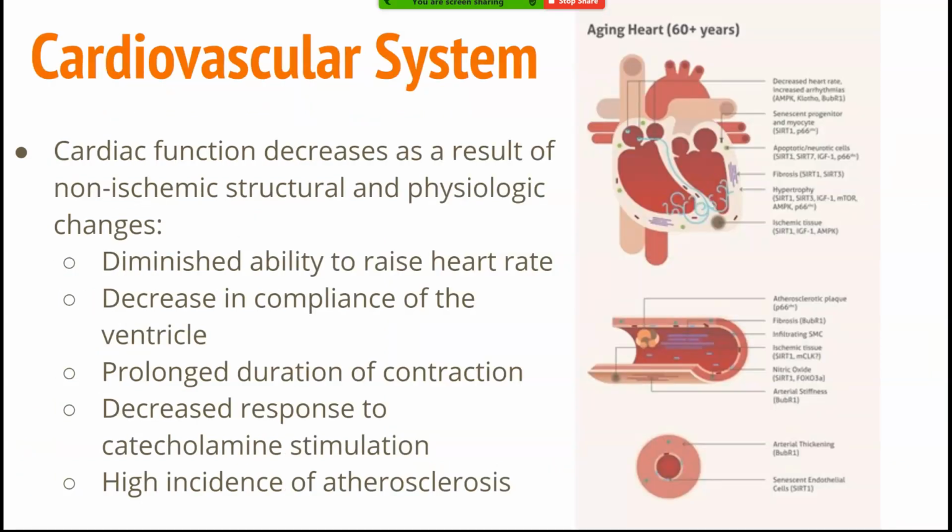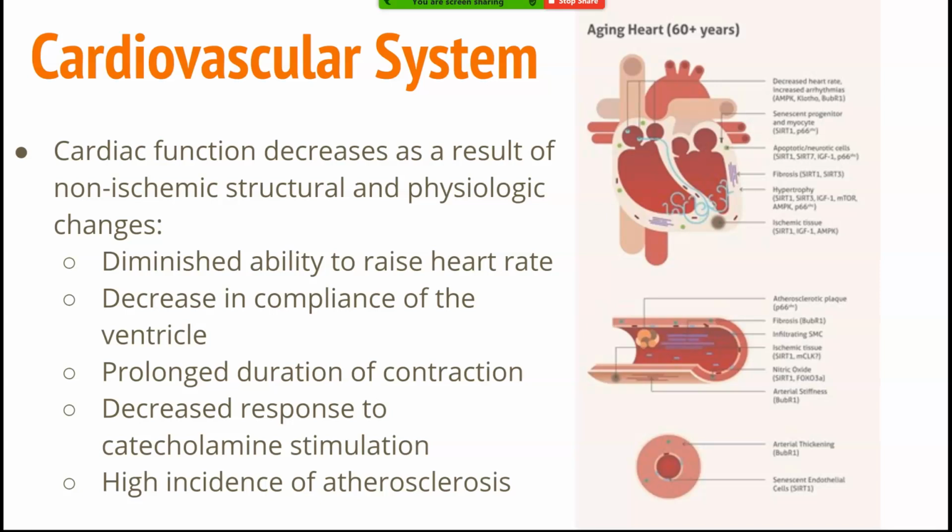The heart also starts to become less effective, right? The muscles start to get weaker. You lose the ability to compensate as effectively as when you were younger. There is an increased rate and risk of ischemic tissue caused by MIs and all sorts of other issues related to atherosclerosis.